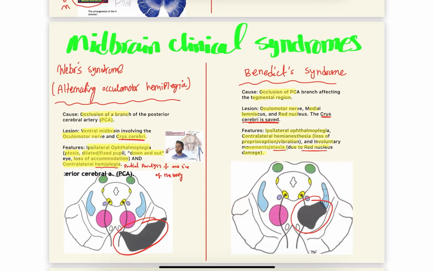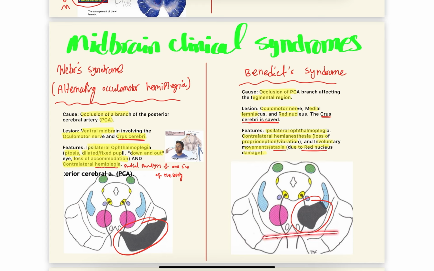Now, because of this, again, oculomotor, so ophthalmoplegia, same stuff that I told you about. But here, because of the medial lemnisci for sensation, I will have hemianesthesia, loss of sensation and proprioception, and it will be contralateral here. So ipsilateral eye ophthalmoplegia, contralateral sensation here, ipsilateral eye, contralateral motor.